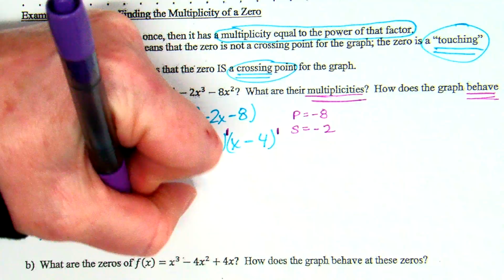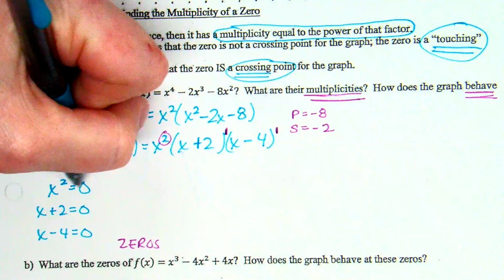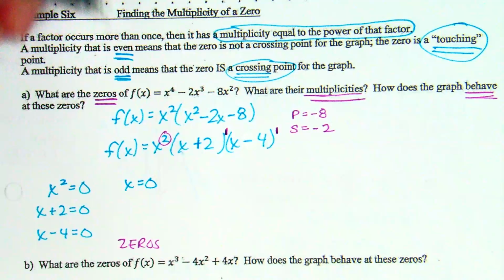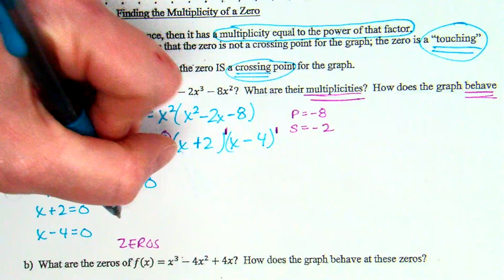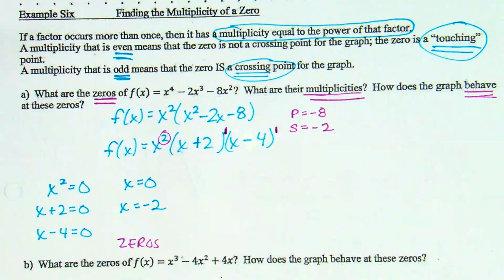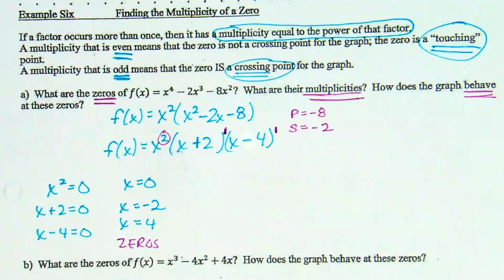So first of all, I'm finding the zeros. What happens if it's x squared equals 0? What is x? 0. x is 0. If it's x plus 2 and we set that equal to 0, we're going to have x equals -2. And if it's x minus 4 and you add 4, x equals 4. Those are the zeros.